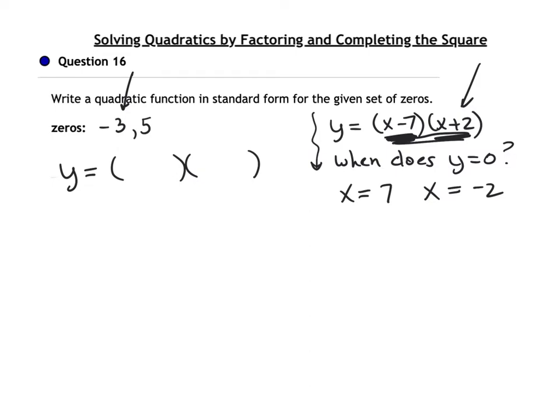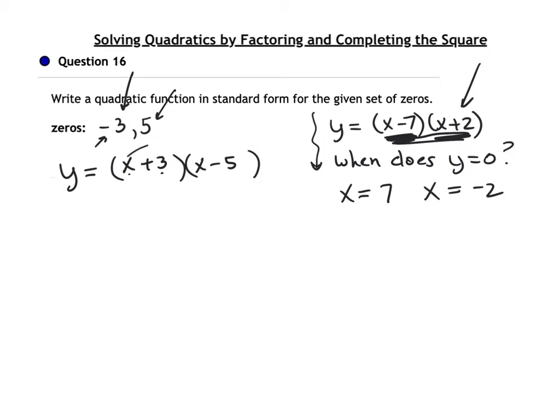That tells you that one of the factors is x plus 3, because if I plug in that negative 3, negative 3 plus 3 will be 0. The other factor needs to make 5 a 0. X minus 5 would be that factor, because when I plug in positive 5, 5 minus 5 is 0.